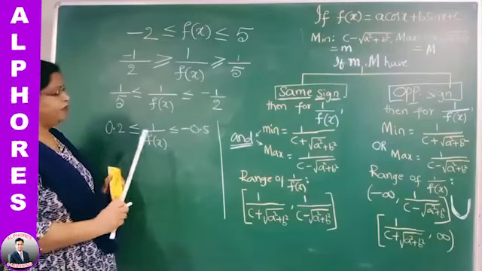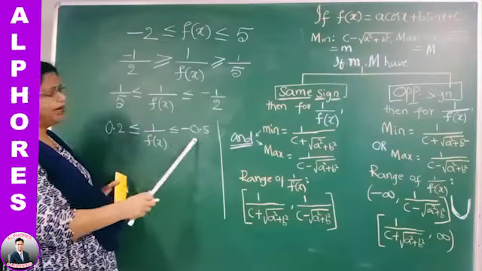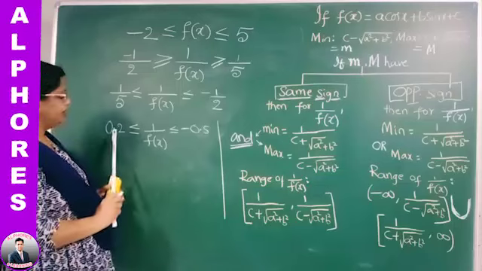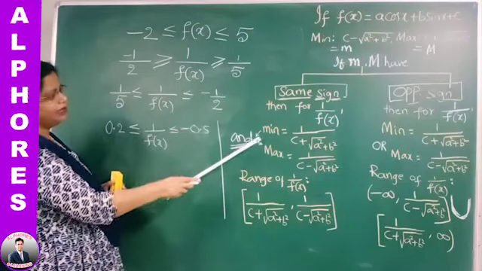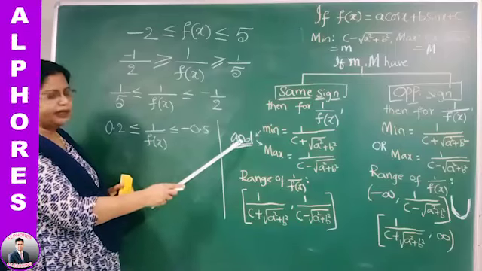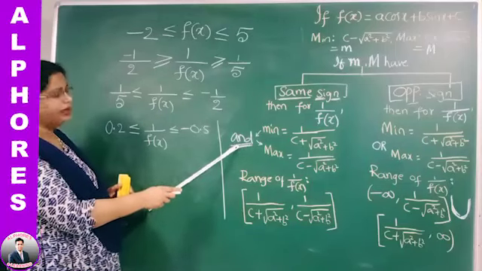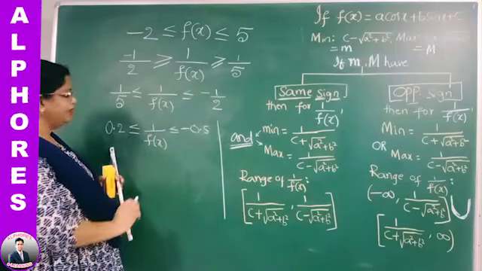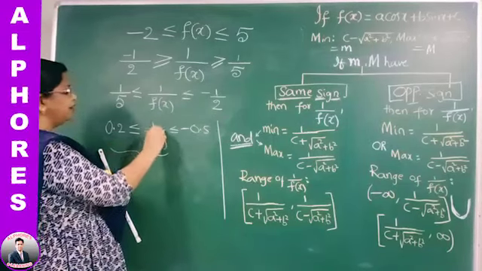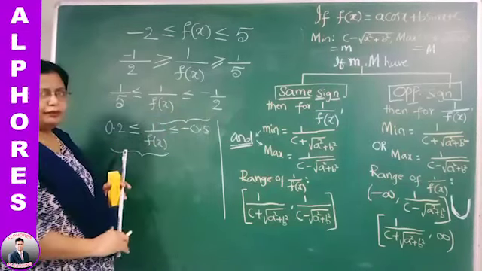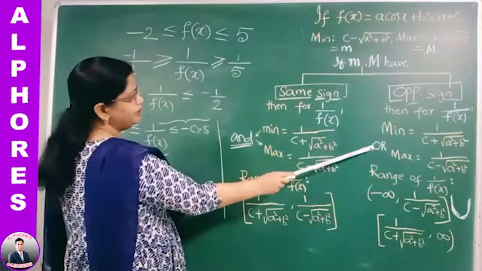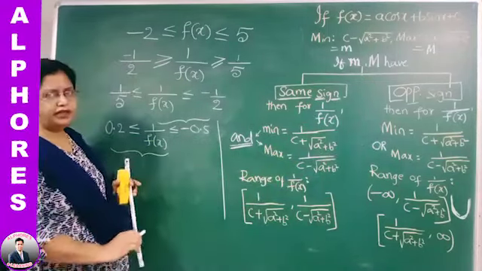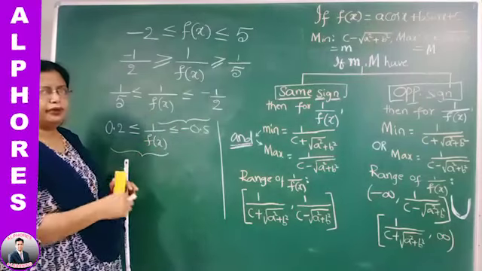So what to do here? Both cannot happen simultaneously. That means you can't say 0.2 less than as well as this, just like our previous case. Understand? Only one case, that means either this is true or this is true, but not both. That's why we are writing either minimum exists or maximum value exists, but not both values.